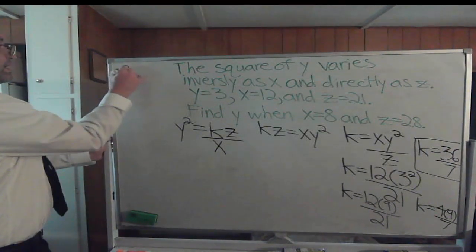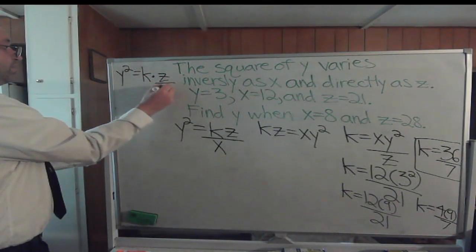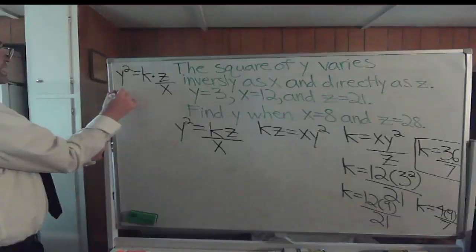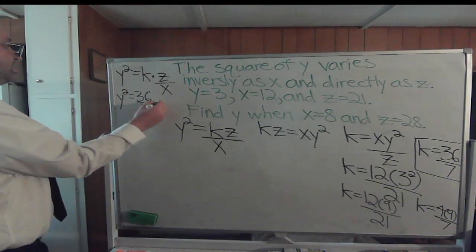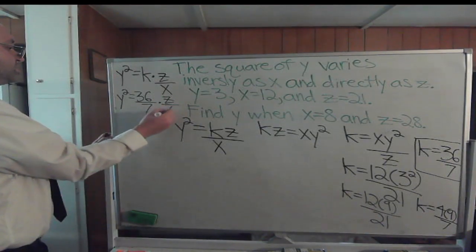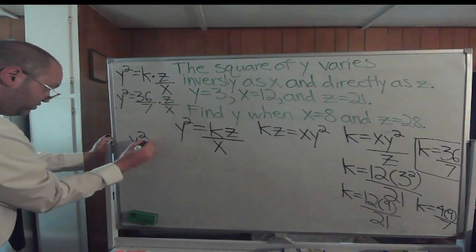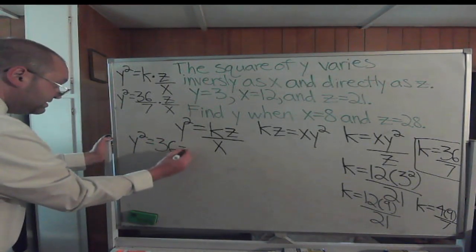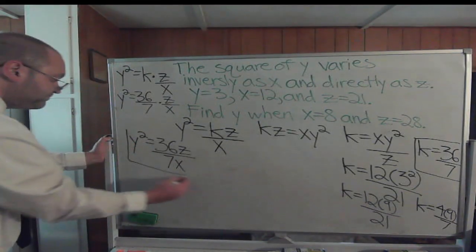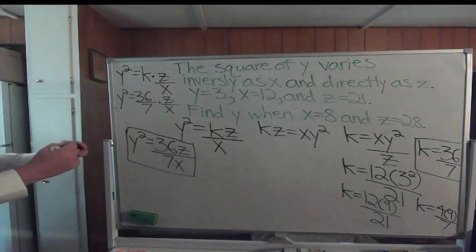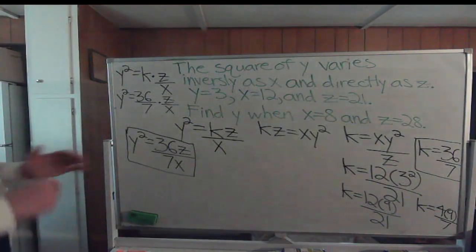We'll get y squared is equal to k times z over x, which means y squared equals that constant of variation, 36 over 7, times z over x, which means that your new equation should be y squared equals 36z over 7x. So that is your new equation of combined variation: y squared equals 36z over 7x.